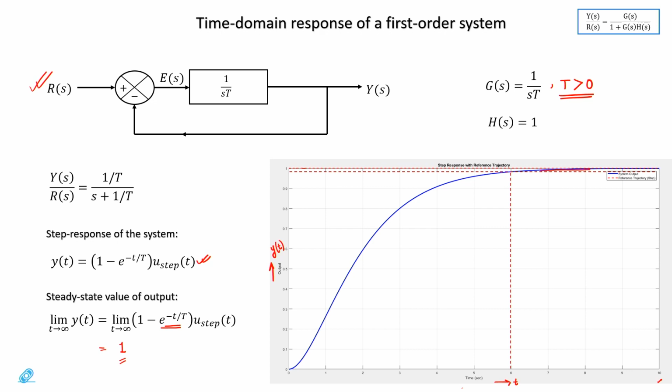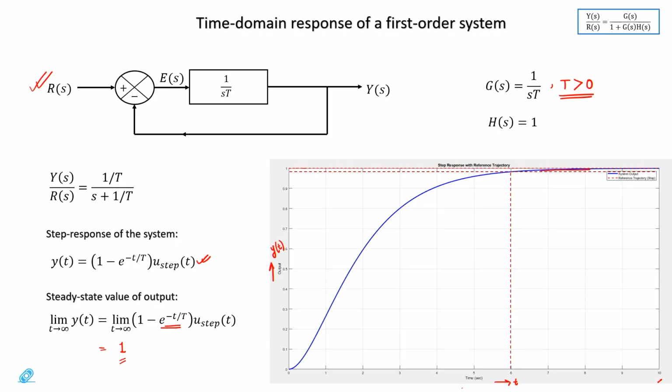So physically or practically, if you have this type of a system, we do not wait till t tending to infinity. Instead, we say that whenever the output has reached a certain band, maybe 99% of the final value, we say that we have reached the desired reference point. So that is what is being shown in this diagram.